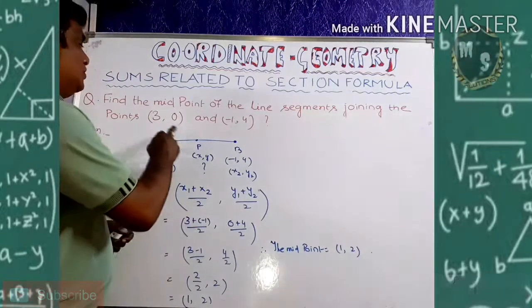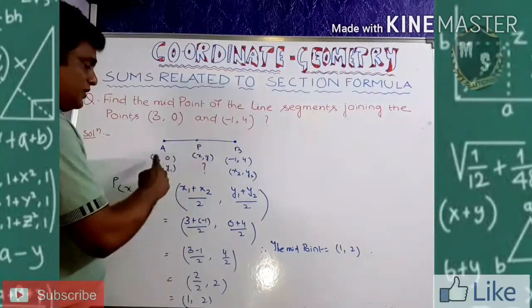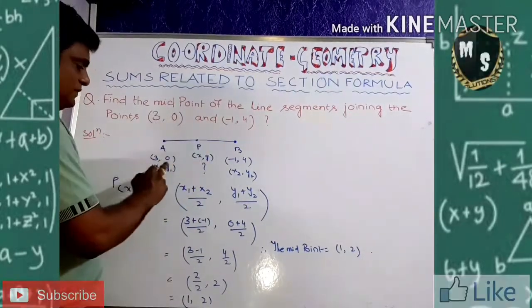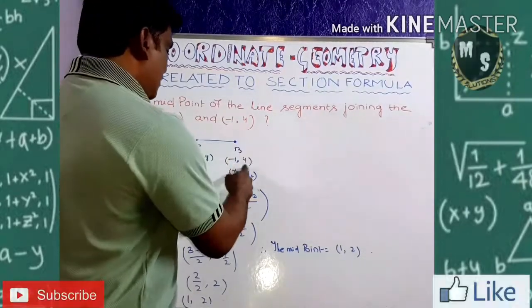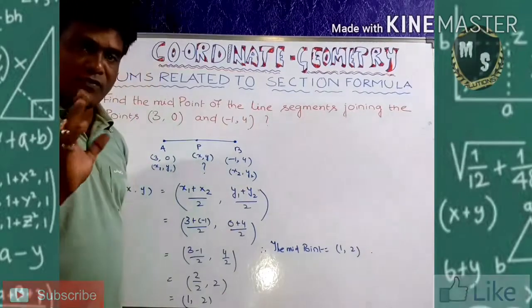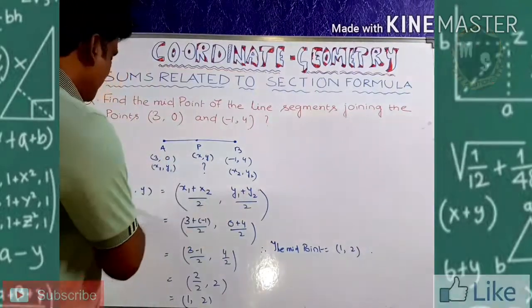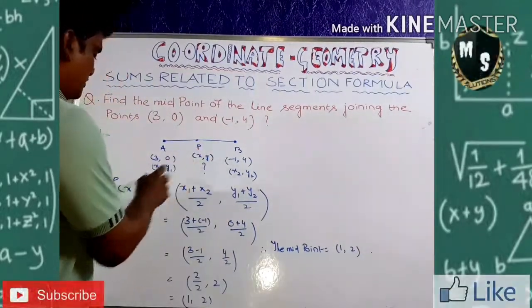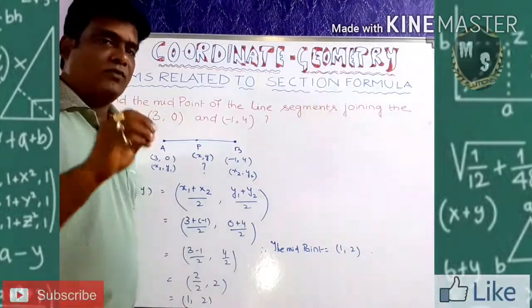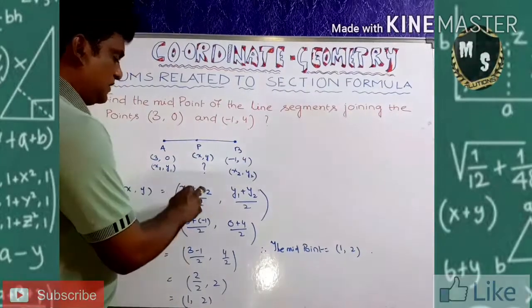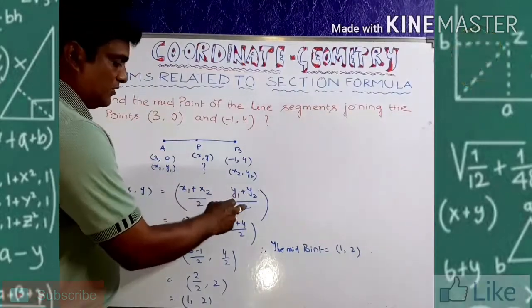The line is joining the points A (3, 0), that is x1 and y1, and B (-1, 4), let it be x2 and y2. We have to find the midpoint by putting in the midpoint formula: (x1 plus x2) by 2, (y1 plus y2) by 2.